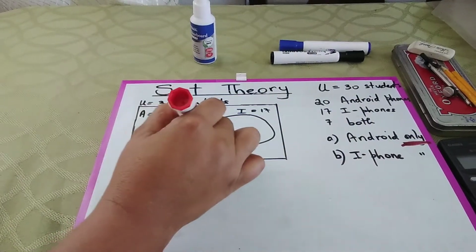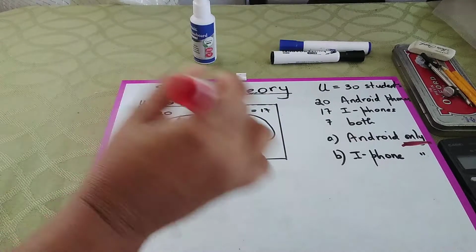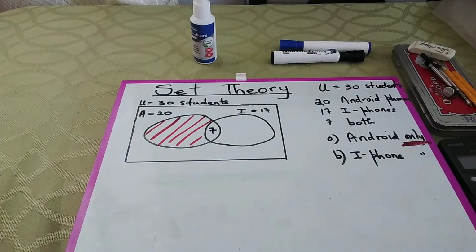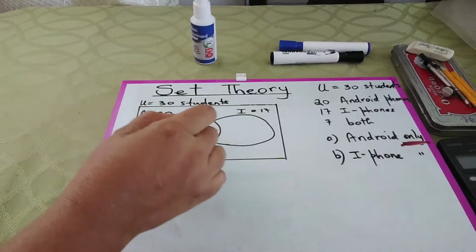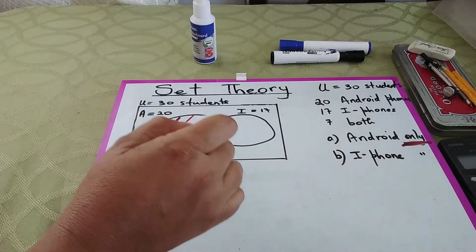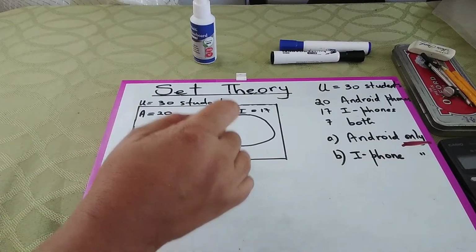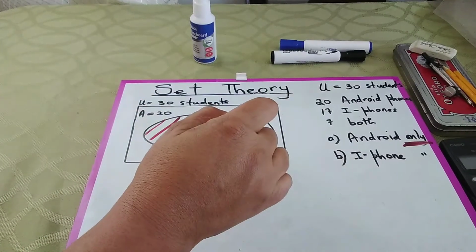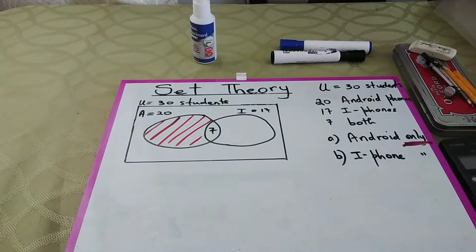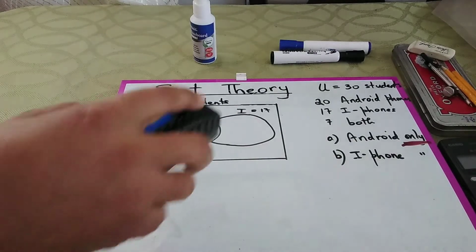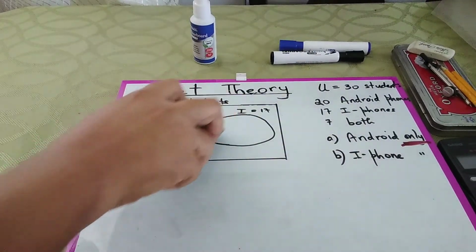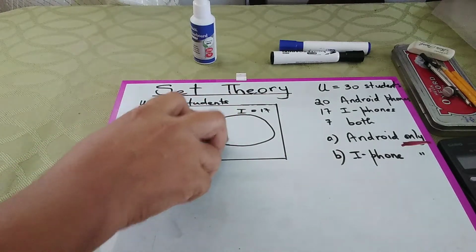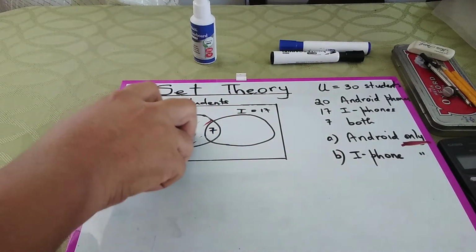That's the part we're trying to find. Android phones would be everything inside here, and this would include the 7. So there are 7 students who have both Android and iPhones. But we're not trying to find the number of students who have Android phones. We're trying to find the number of students who have the Android phones only.